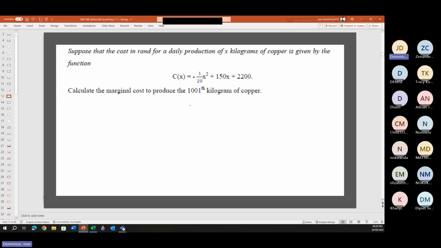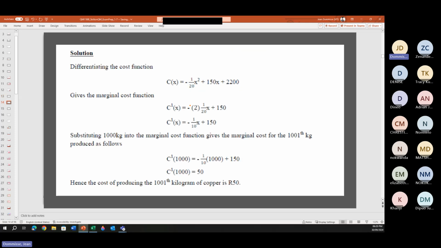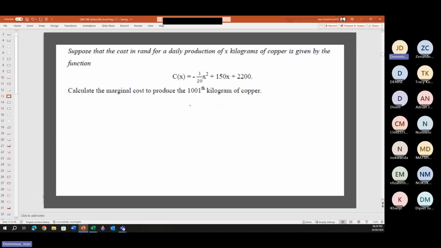Okay, then you will see I've mixed it up. Now we're going to have different questions coming up. So the first one is where we need to look at a marginal cost function, and that takes us back to when we did differentiation.